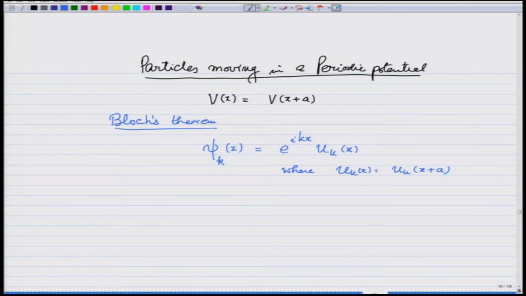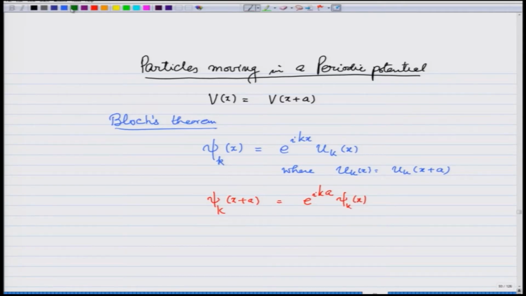This is also expressed in a different manner by writing that psi k of x plus a is always e raised to i k a times psi k of x.